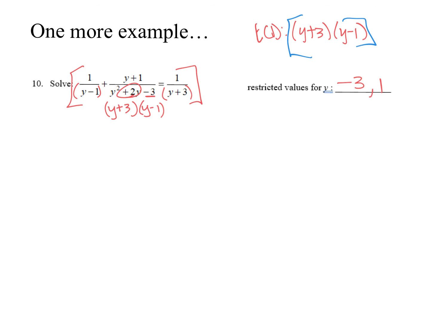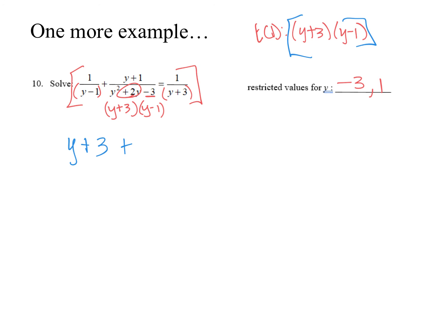Now, we could write this out, but I'm going to save a little bit of time and writing and think about it. If I multiply this first fraction, 1 over y minus 1, times the LCD, the y minus 1 is going to cancel out, resulting in me multiplying 1 times y plus 3. So that's just going to give me y plus 3.